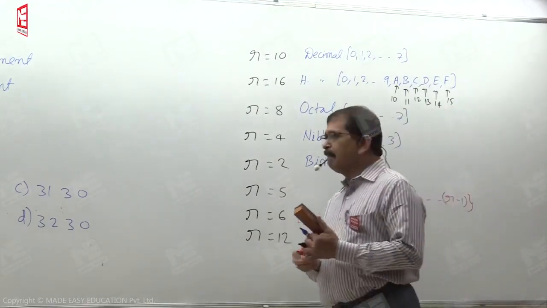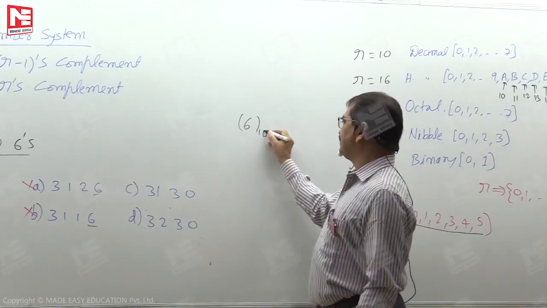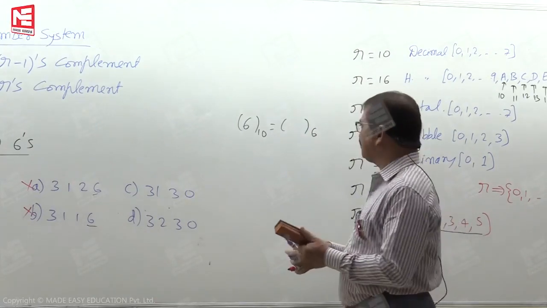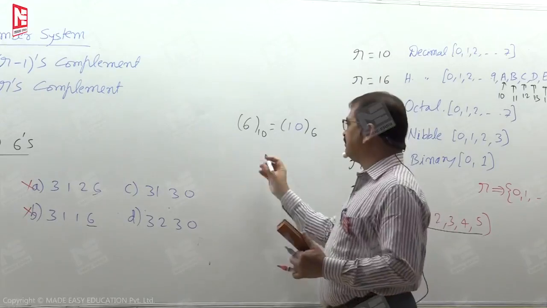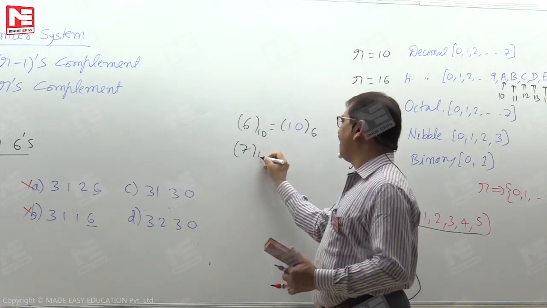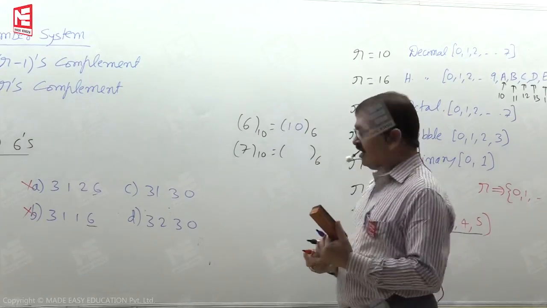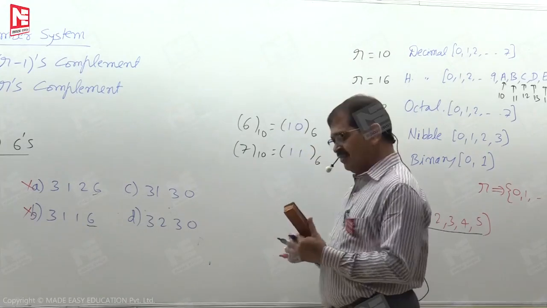And truly speaking, when we want to represent decimal 6 in radix 6, the answer must be this. Similarly, when we want to represent decimal 7 in radix 6, the answer is 1, 1.